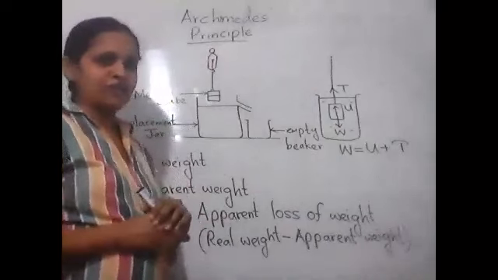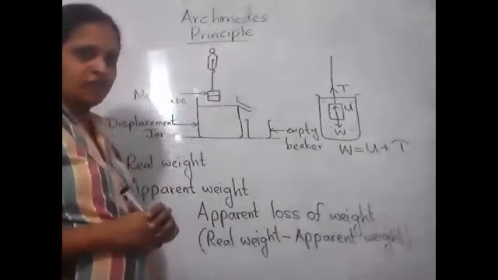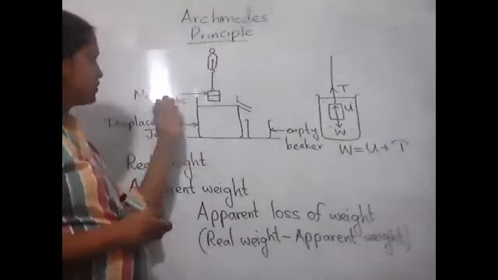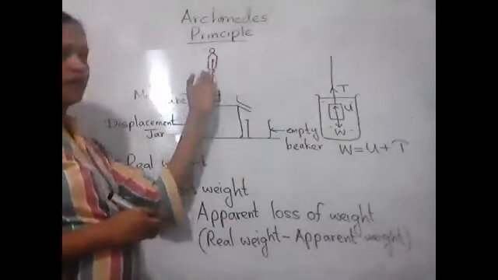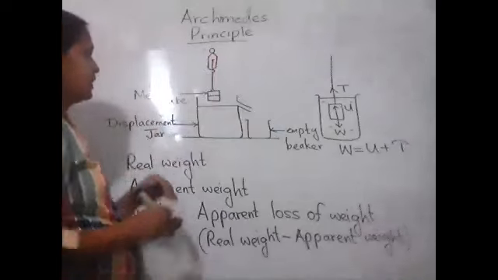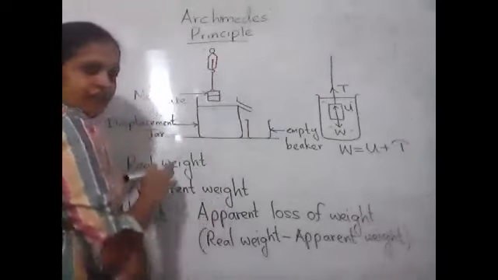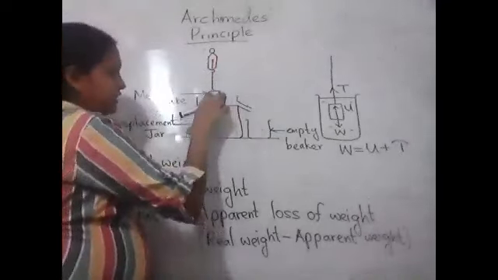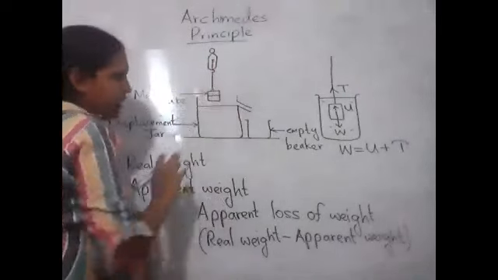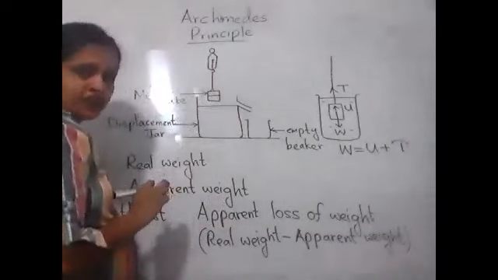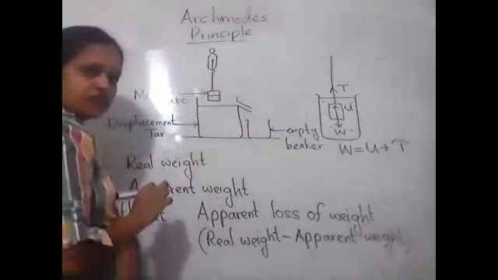To prove Archimedes' principle, we can use this setup. We have used a metal cube which is hung by using a Newton balance. Once it is in air, the weight is equal to the tension.